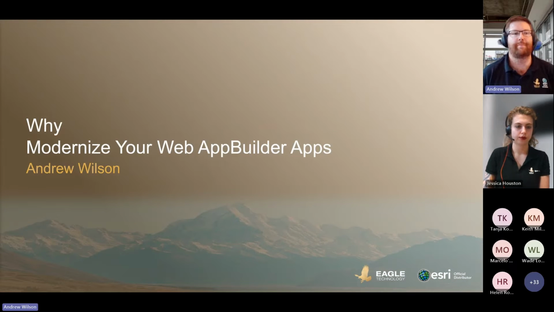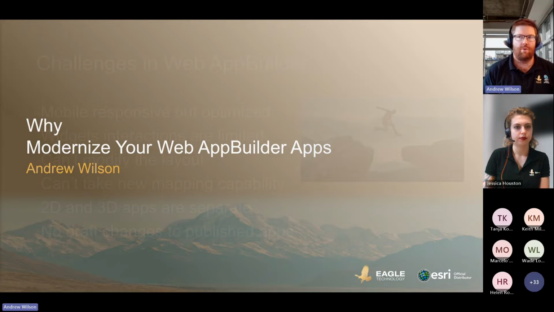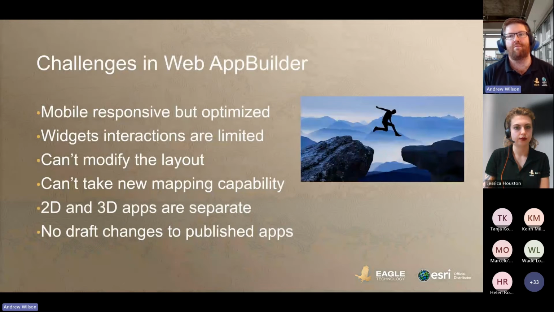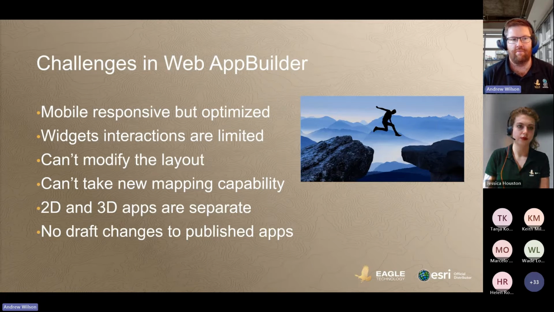Perfect. So we'll jump into it. So why modernize your web app? Why do we need to modernize your Web AppBuilder apps? We're going to take a wee quick review of what Web AppBuilder is, and there are some challenges with Web AppBuilder. We know, for example, it's hard to edit features on mobile, so it's not really mobile responsive.